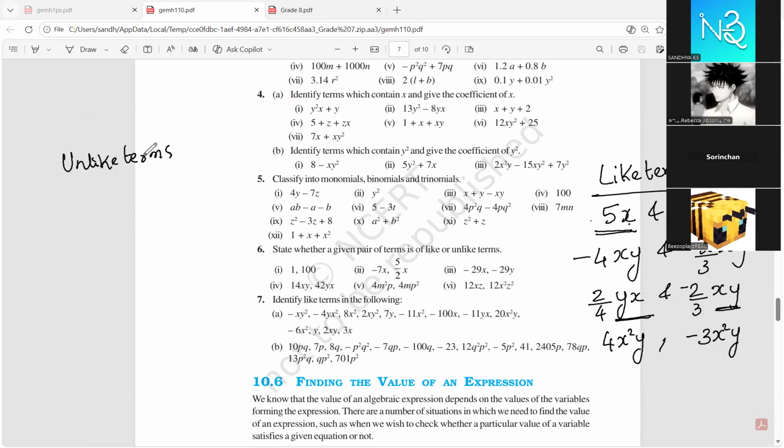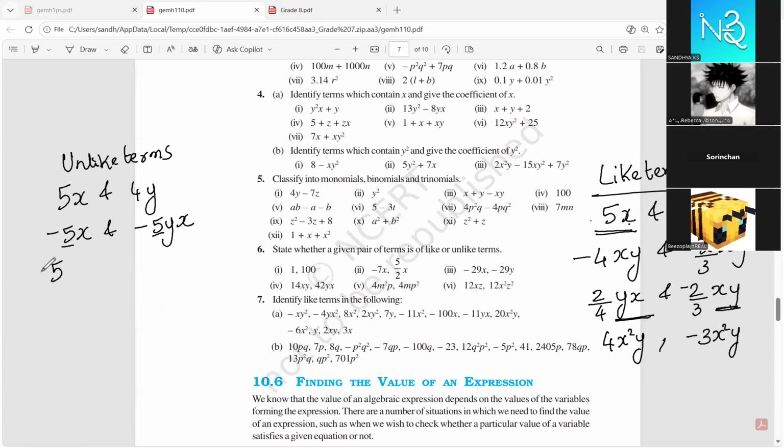Those which don't have the same variable. For example, 5x and 4y are unlike terms. Minus 5x and minus 5y, or I am writing 5yx, then it is unlike only. The number is the same, still it is unlike. Why? Because the variables are different.